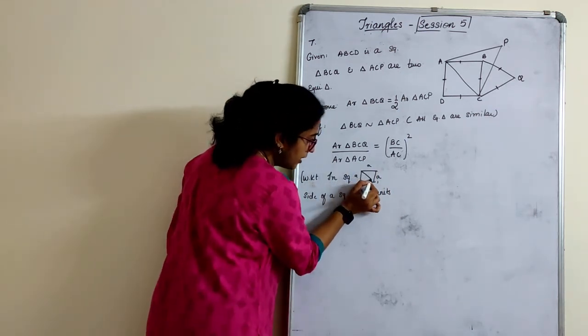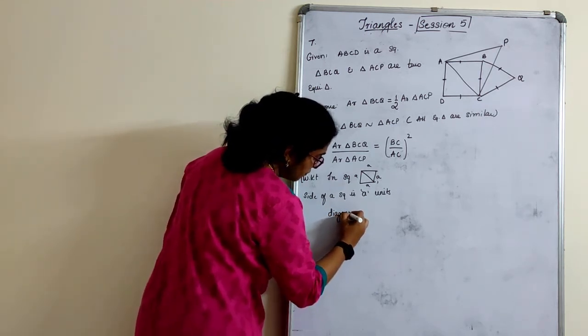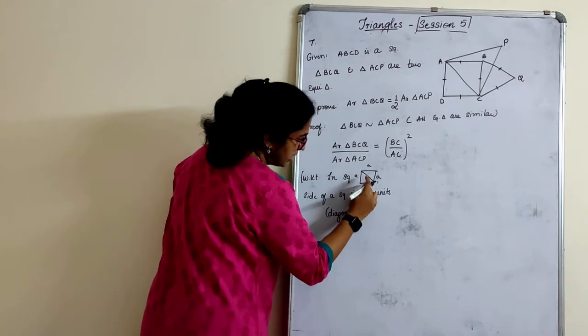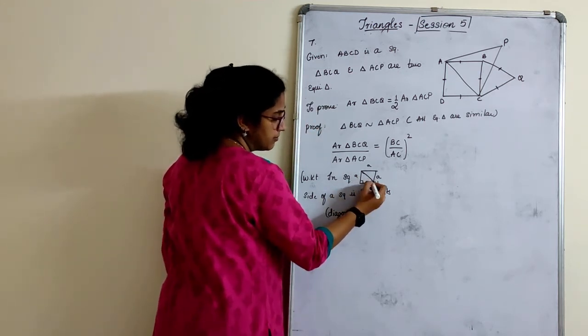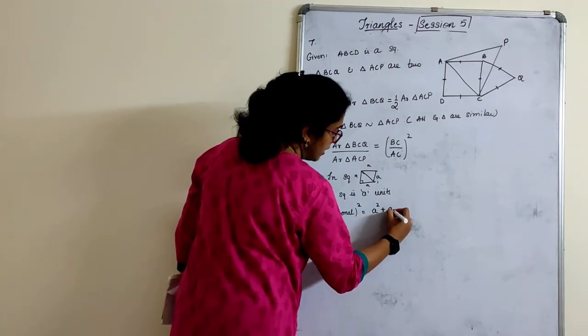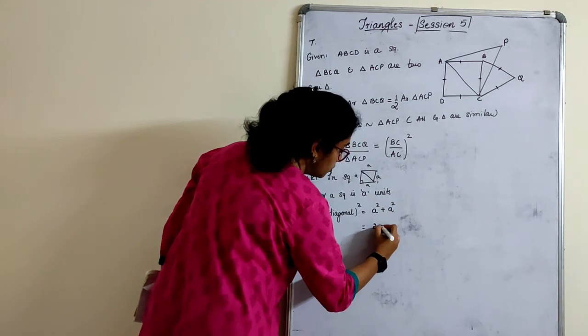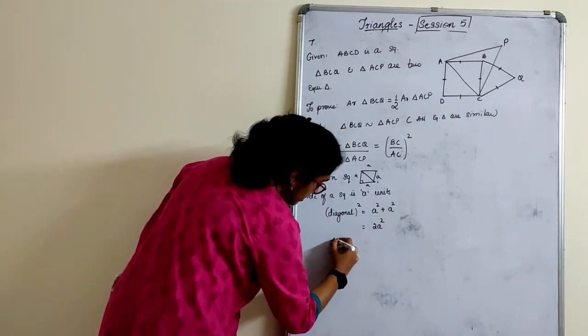If I join the diagonal, that becomes a right angle triangle, so the square of the diagonal is equal to the sum of the squares of the other two sides, Pythagoras theorem, that is equal to 2a square.